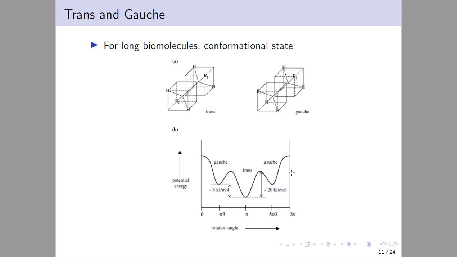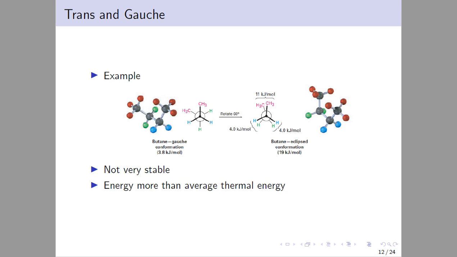So the gauche keeps trying to move and find the trans position, trying to get to this point, which is the trans molecule. So the example here is butane, the butane gauche.